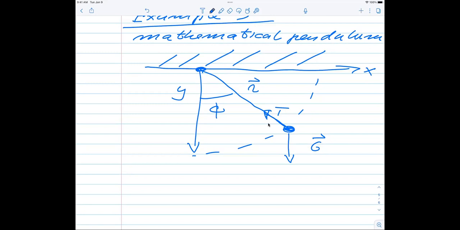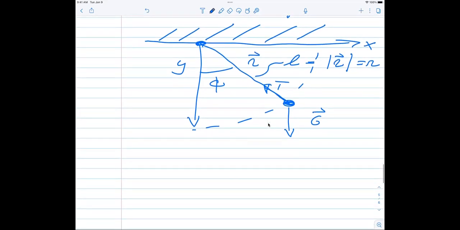One assumption we have made here is that the length of the pendulum, and this is what normally defines a mathematical pendulum, is given by the absolute value of r, which we can rewrite as a little r here. So that's the length of the pendulum. And we assume that that stays constant.